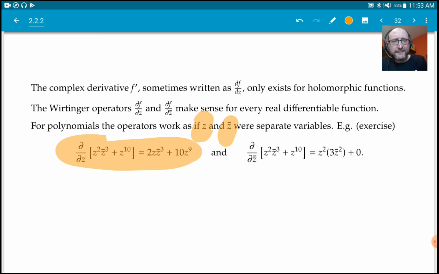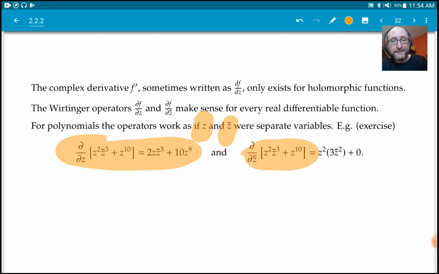But you can prove that if, for example, I'm differentiating this polynomial here, z squared, z bar cubed plus z to the 10th, I can just treat z and z bar as if they were separate variables. When I apply the Wirtinger operators to them, formally it works as if these were separate variables.